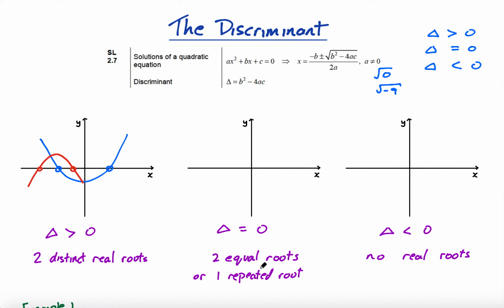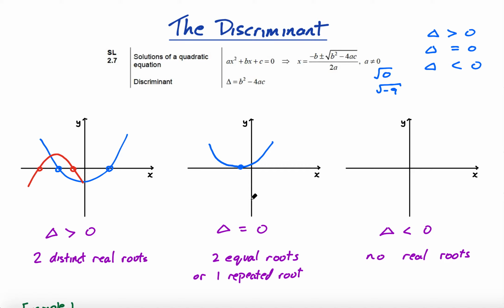If we have two equal roots, or one repeated root, what happens is it comes down, but hang on, that's poorly drawn. It comes down, but it turns exactly on the x-axis, that's also poorly drawn, like this. So it touches the x-axis in only one place.